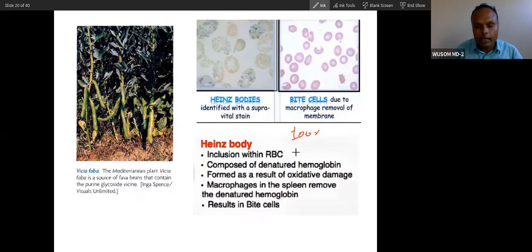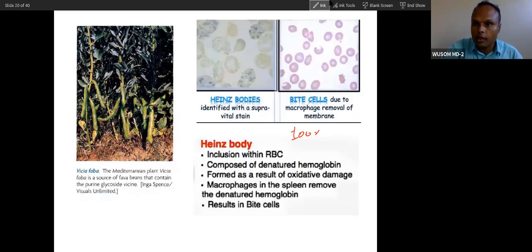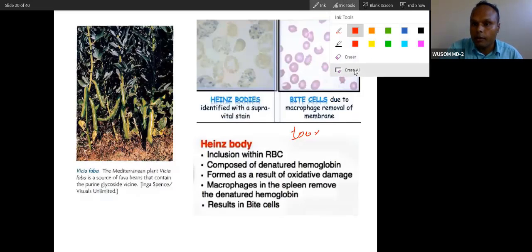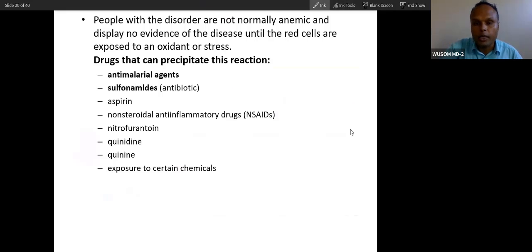It will be active, but not 100%, and that is also called deficiency. That is why this patient normally survives, but activity will not be optimal, so the patient will have hemolytic anemia when exposed to oxidative damage. So differentiate these two conditions.